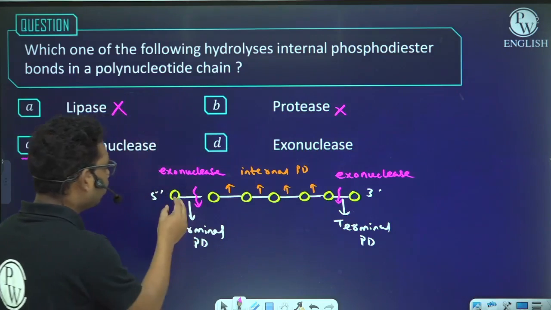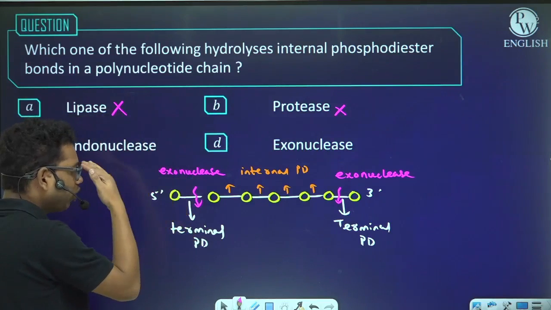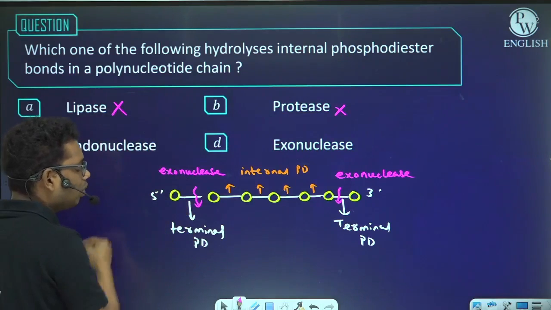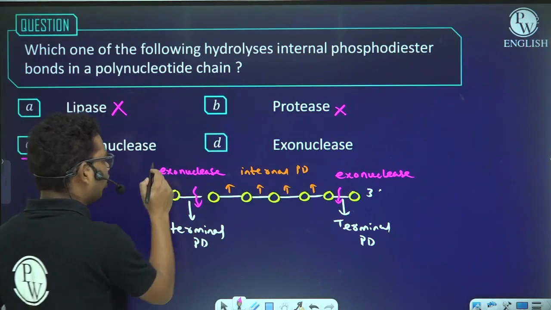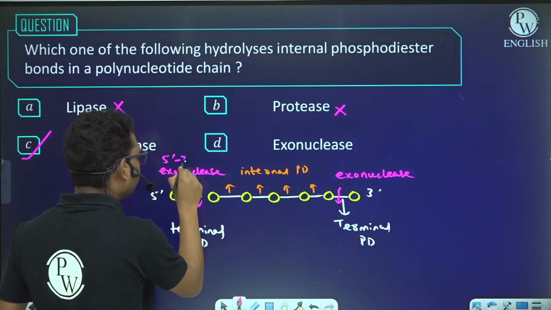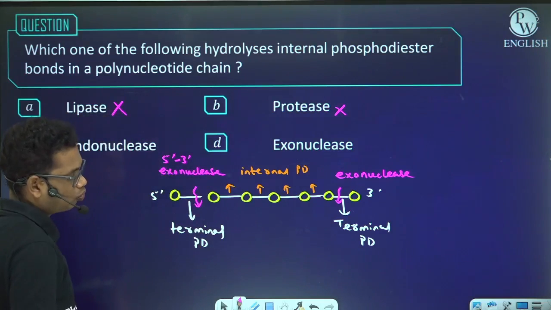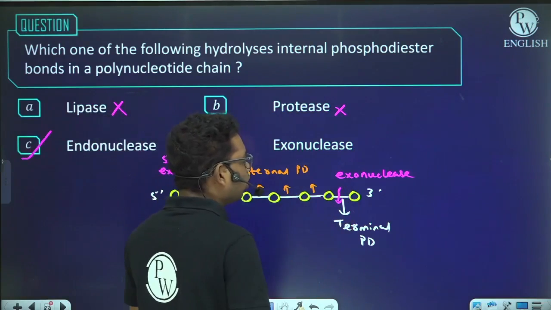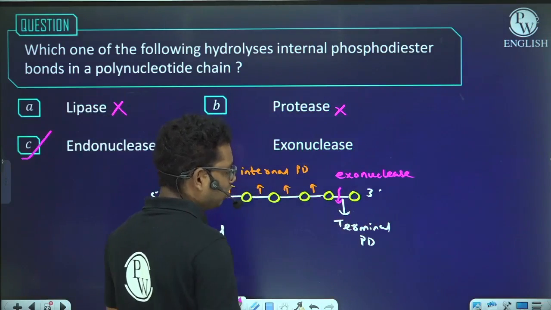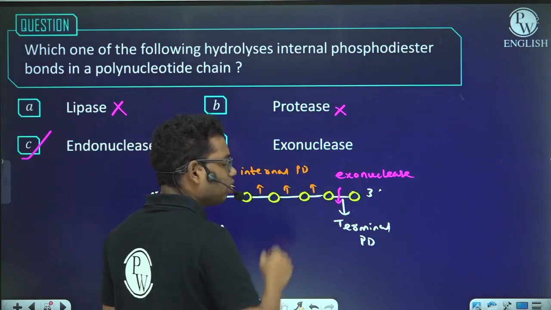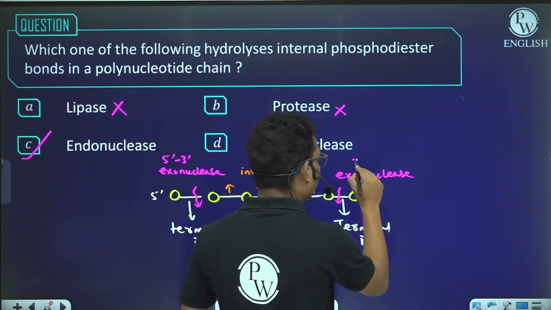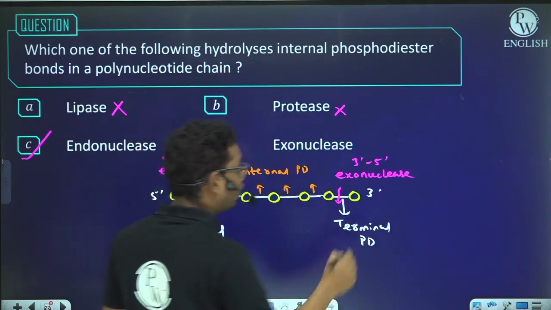If you are removing one nucleotide from the 5' end, the exonuclease will be called 5' to 3' exonuclease. And if you are removing the terminal phosphodiester bond from the 3' end, that will be called 3' to 5' exonuclease activity.